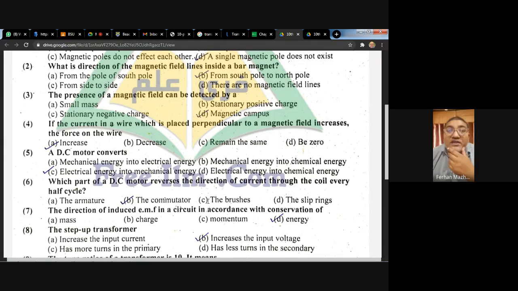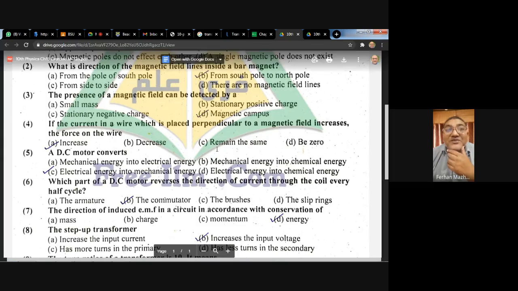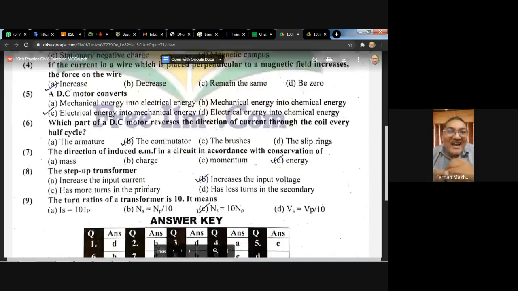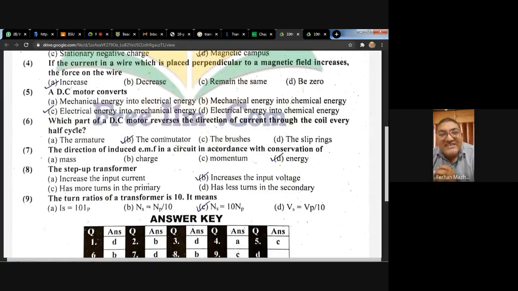DC motor, which was not in your syllabus, but the MCQs are included in your syllabus. A DC motor converts the electric energy. What does the motor do? It converts the electric energy into mechanical energy. Remember, it uses the electric energy and it gives you the mechanical energy.